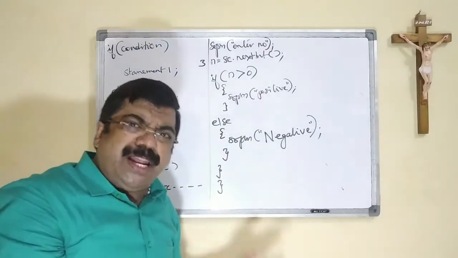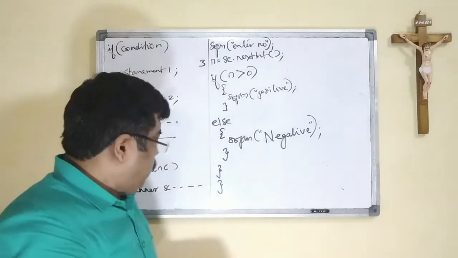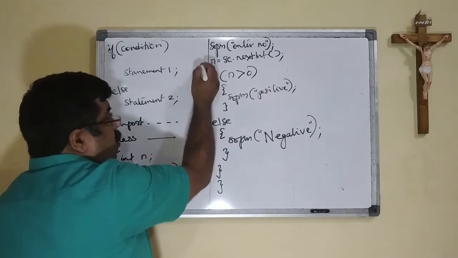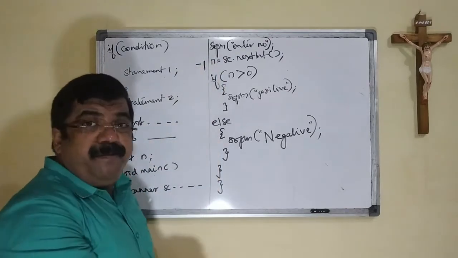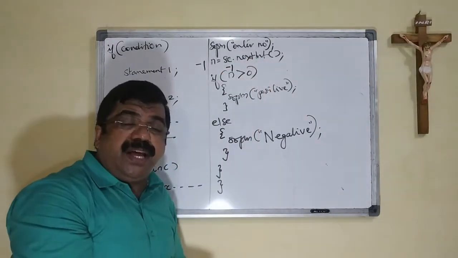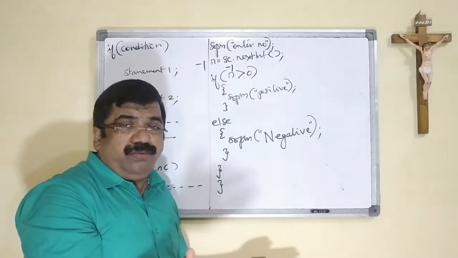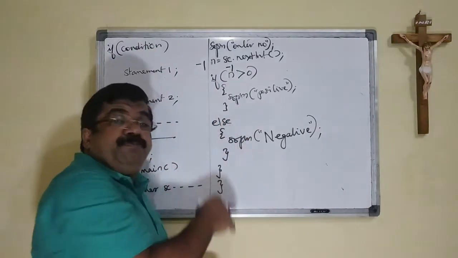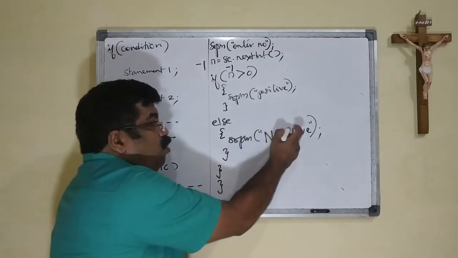Okay, now we will give another value for this number. We are assuming that the value entered by the user is -1. Is -1 greater than 0? No. The condition is false, so we come to the else part. What will be the output?